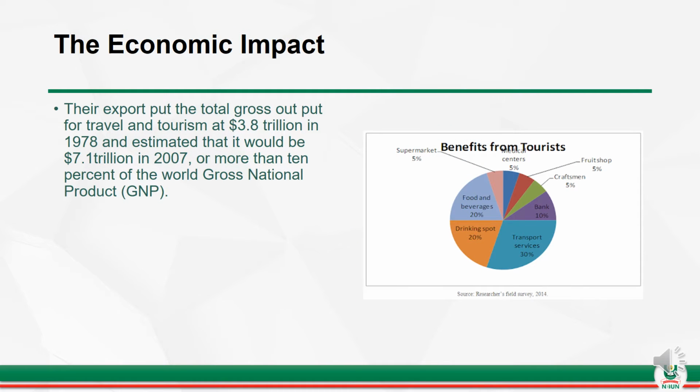The economic impact. The World Travel and Tourism Council in Brussels is an organization that undertakes studies with the Wharton Econometric Forecasting Association. Their experts put the total gross output for travel and tourism at 3.8 trillion dollars in 1978, and estimated it would be 7.1 trillion in 2007, and more than 10% of world gross national product, the GNP.